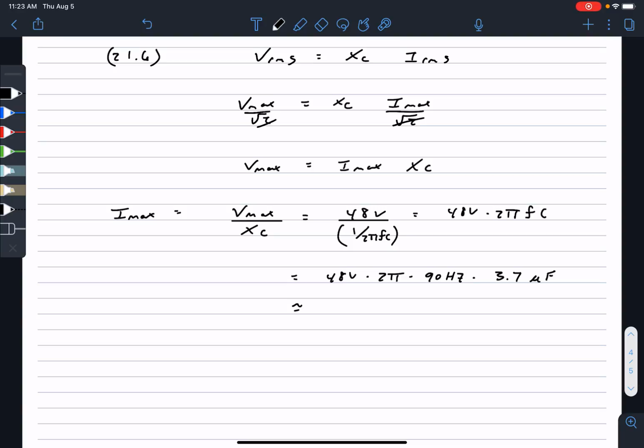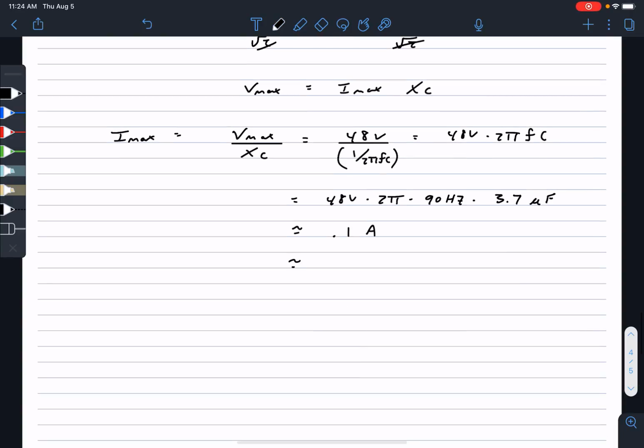And if we plug all this in, we get a value of about 0.1 amps. In standard units, this would be 100 milliamps. Okay.